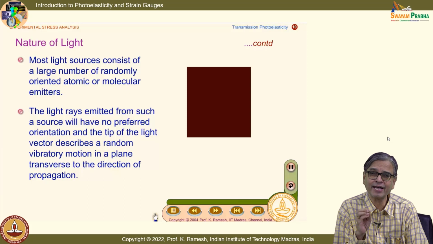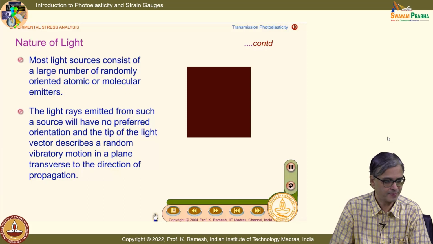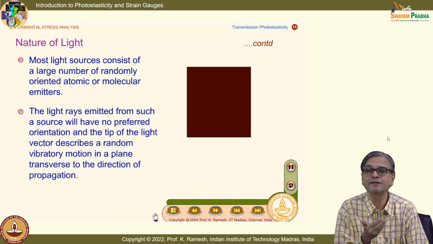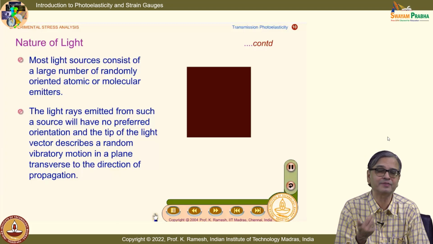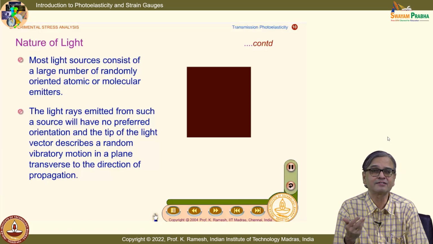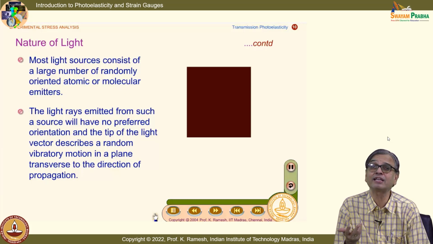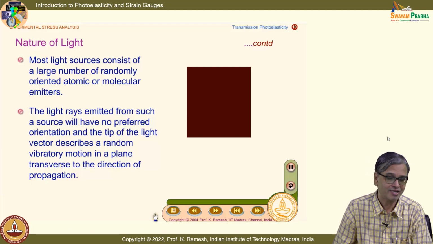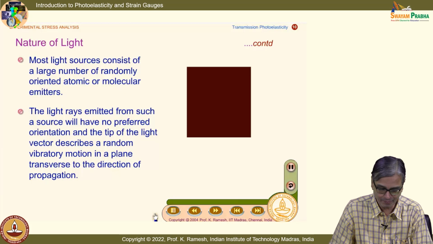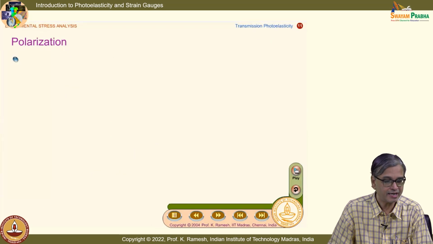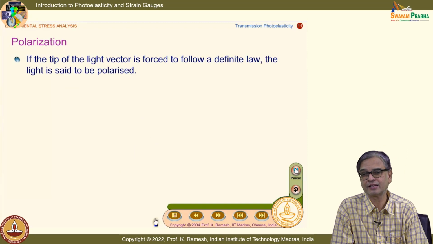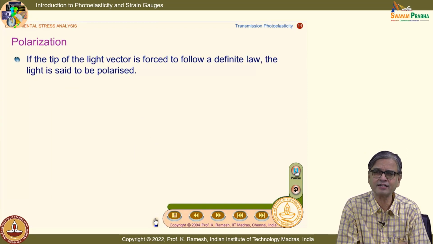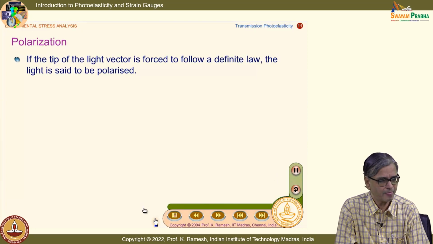So, I need to have some discipline to the light, and that discipline I enforce, I call polarization. Even in a discussion, some people have polarized views, isn't it? That is also used in common English. Here it is used in a positive sense, and it is used even in signal processing. Even your electrical signals are polarized.